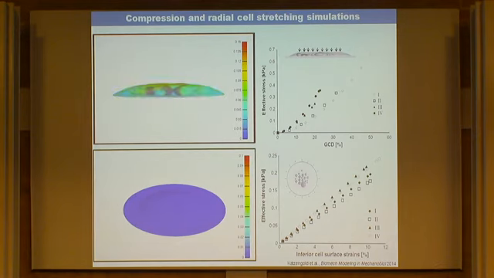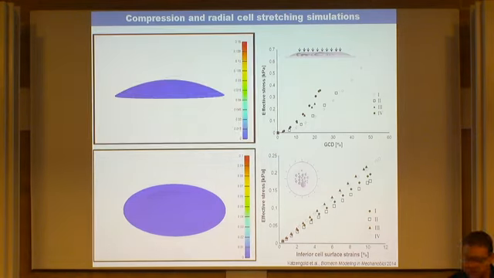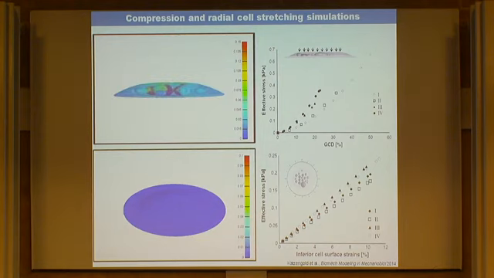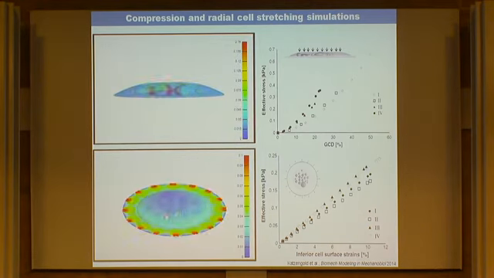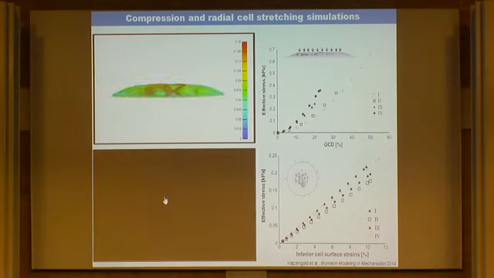And these are finite element simulations of idealized cells. So we gave them a round projected area, but the structures of the lipid droplets and the nucleus are quite accurately represented here.